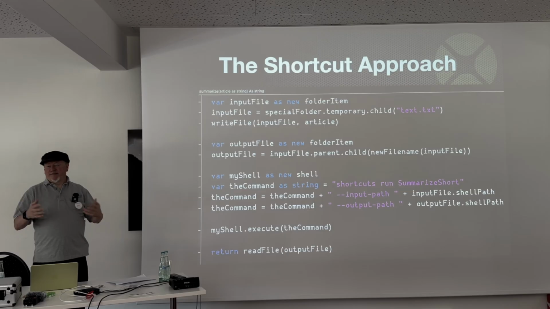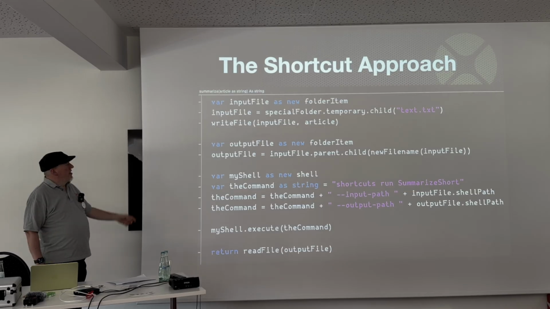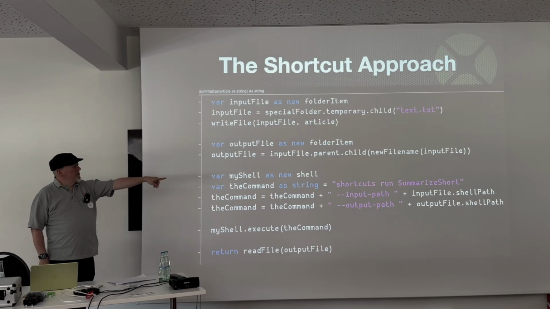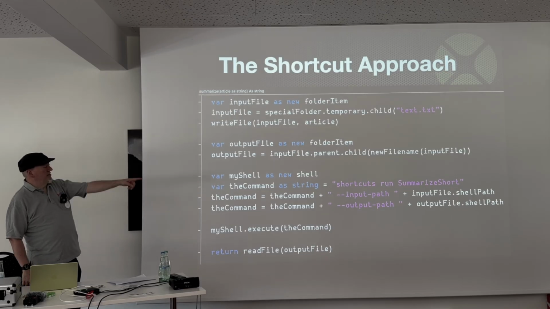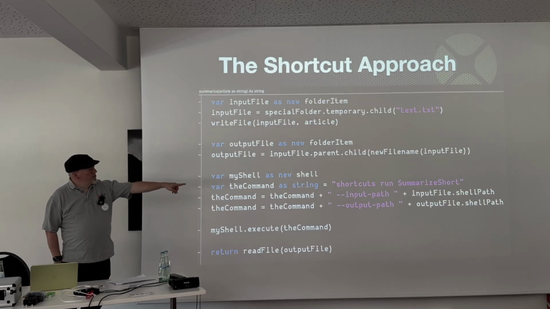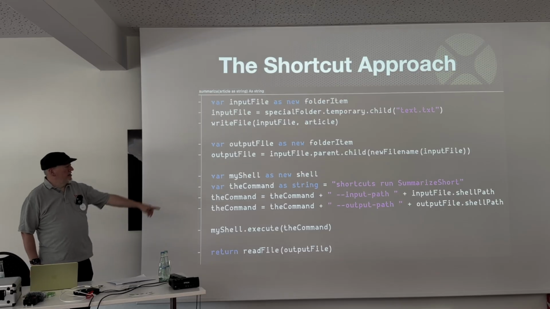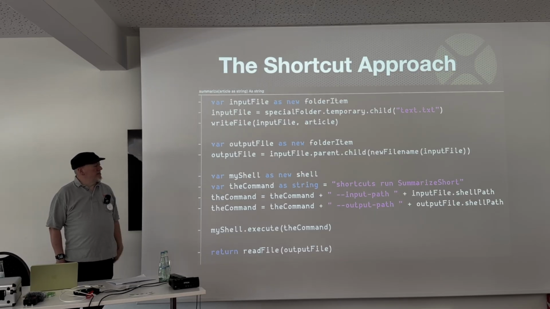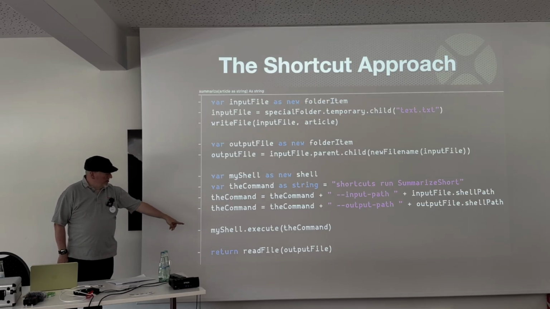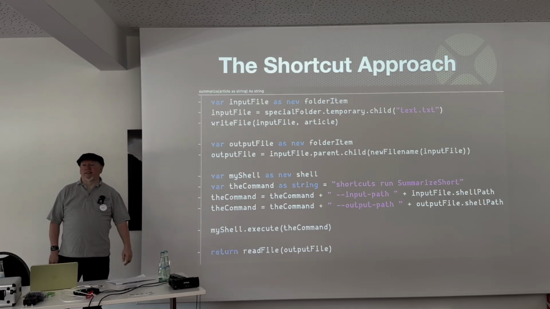Basically that's our new converted file. And then you have your shell command. I build the shell command: shortcuts run, the name of the shortcut, which is summarize short. We have the parameter input path, which we pass the file name for the input file, and the output file, we pass the file name for that. We execute the command, and then we return whatever's in that file.